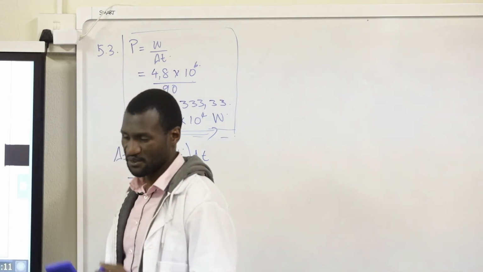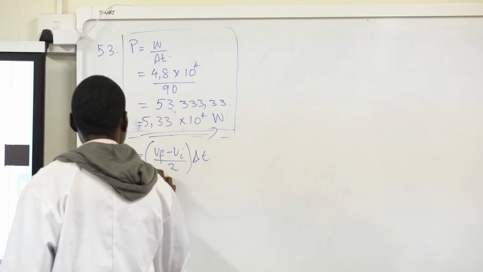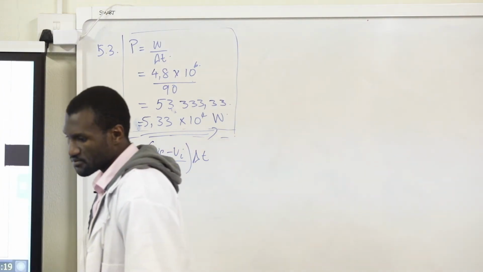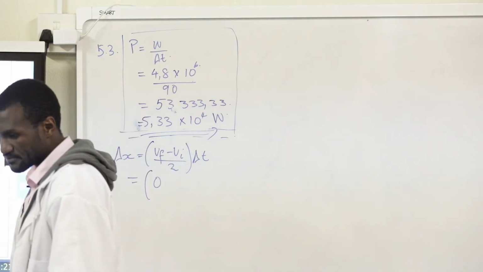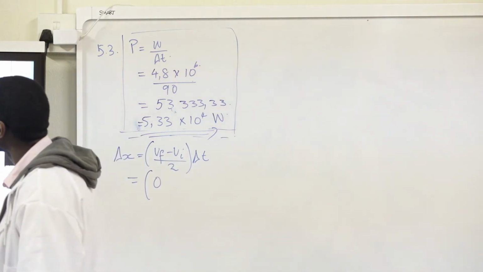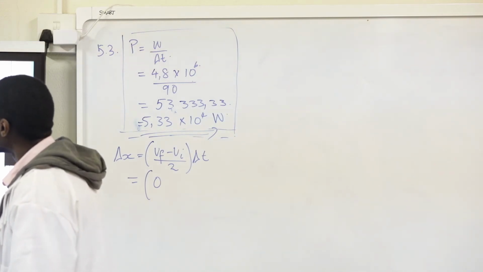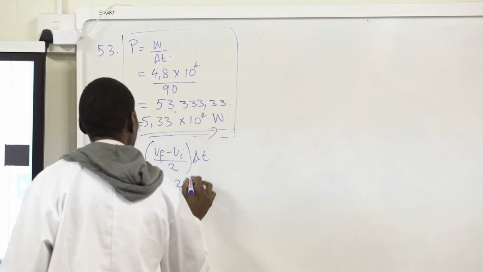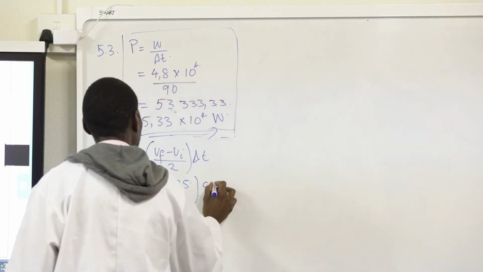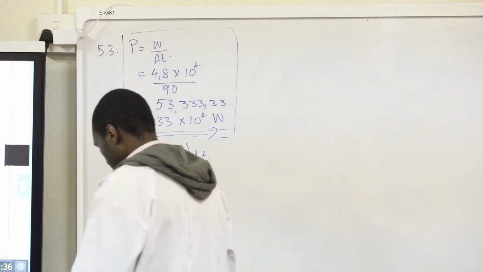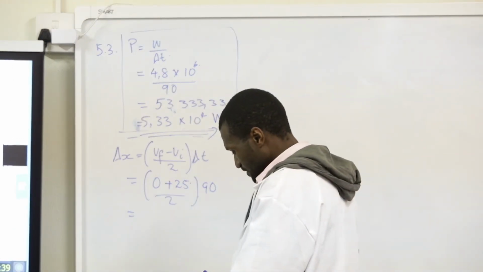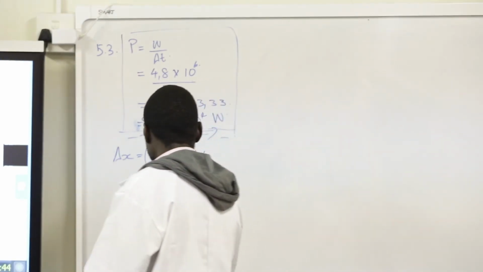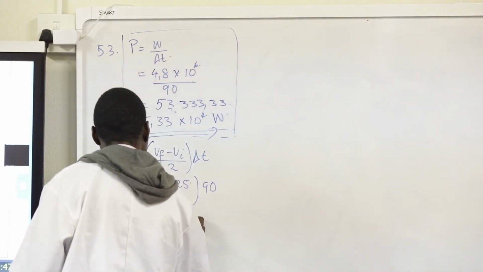Where did we use it? Projectile motion. So V final is 0, plus 25, over 2 multiplied by change in T, which is 90. And you can calculate with me again. 12,5 multiplied by 90 is equal to 1125 meters.